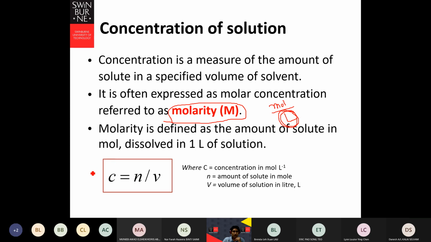Now we are very familiar with this equation: C equals N over V, or N equals C into V, both are the same thing actually.